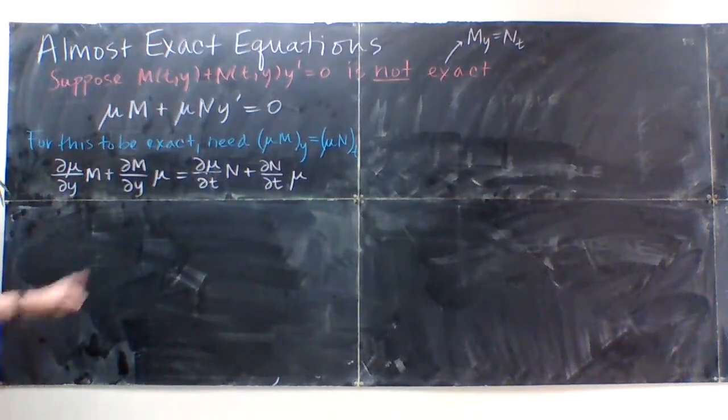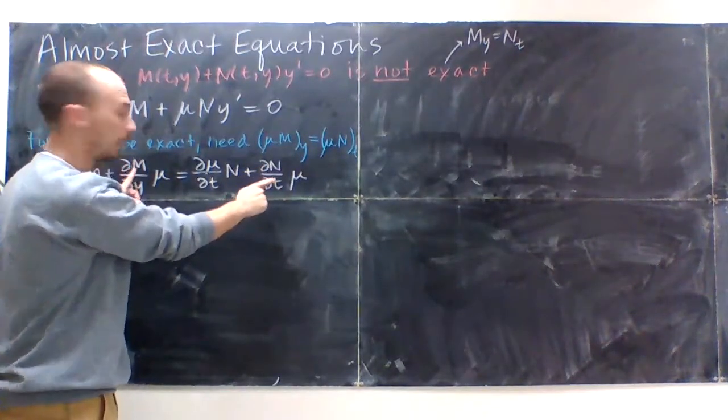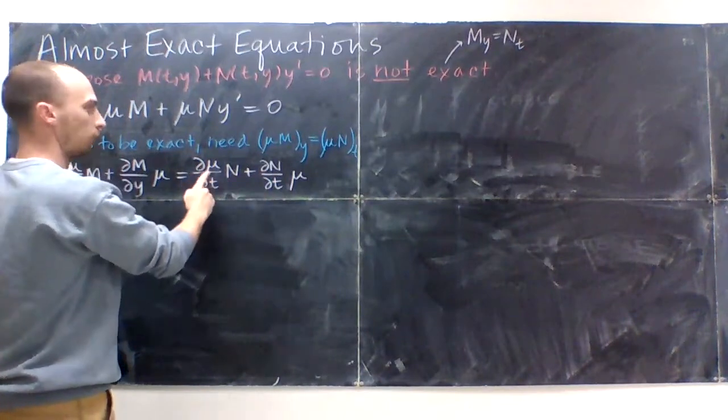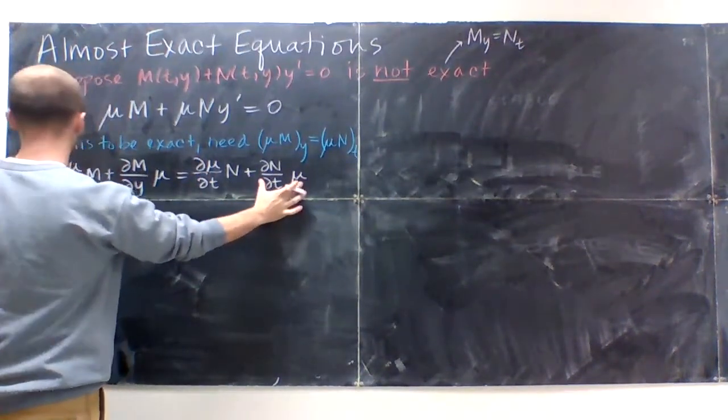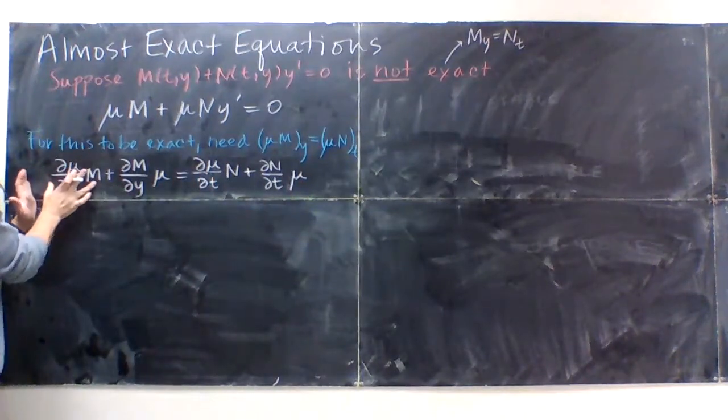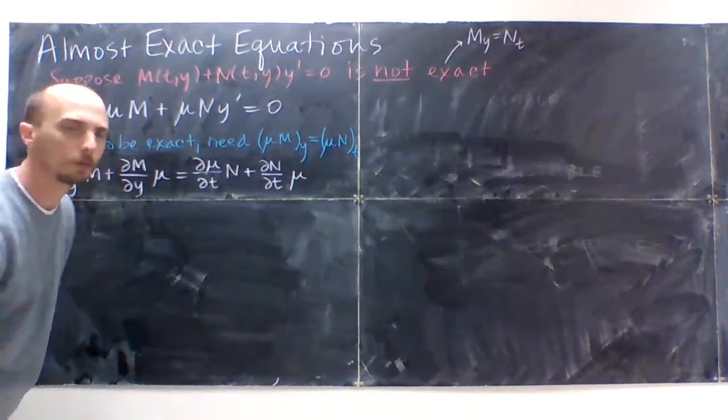Now I'm going to collect these two things to one side and put those two things on the other. So I'm subtracting this from both sides, and then subtracting this from both sides and grouping them up in a nice way.